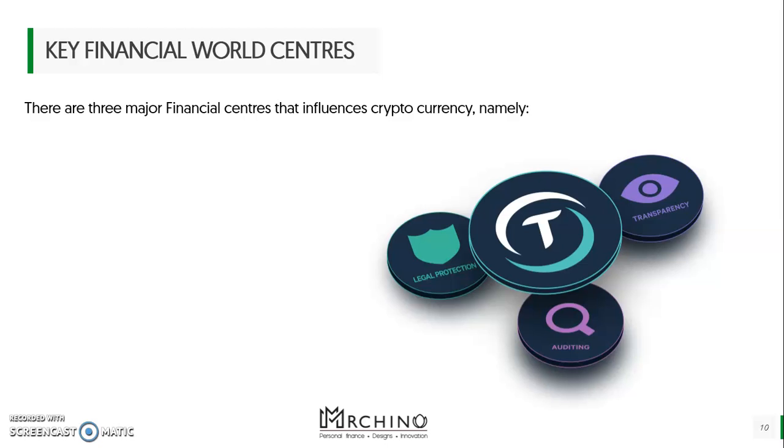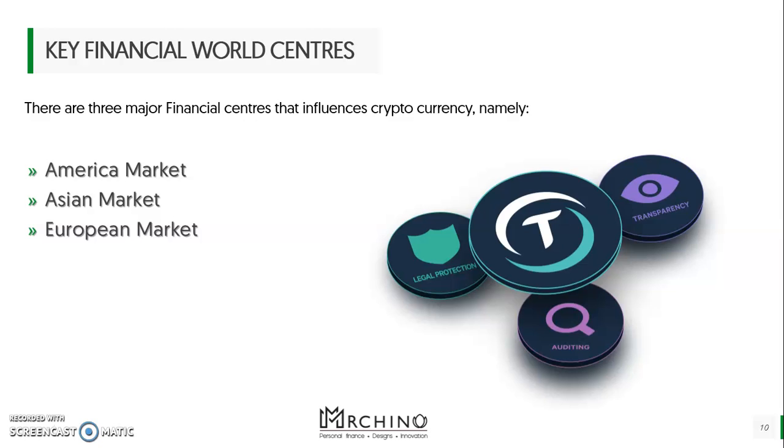There are 3 major financial centers that influence cryptocurrency, namely the American market, the Asian market, and the European market. All these markets intersect, right? You'll find that after the American market, they dump on the Chinese market. After that trading, the Chinese market dumps on the European.